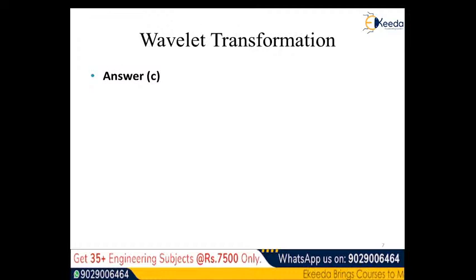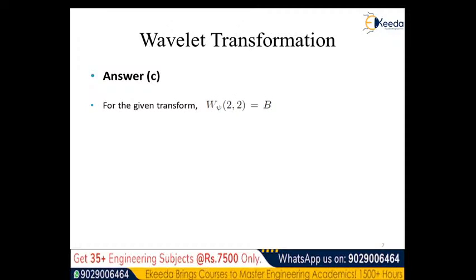So now the answer to this part of the question can be given this way. First of all, for the given transformation we have the notation. I just recalled: W suffix I in the bracket 2 comma 2 is denoted by capital B in the question, and all the other coefficients are denoted by the value 0.